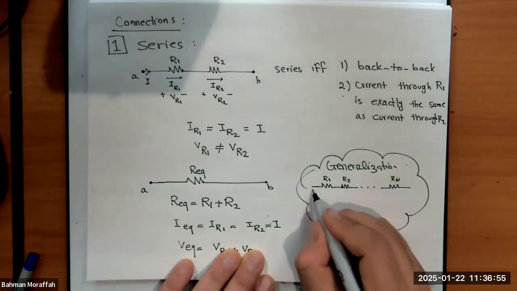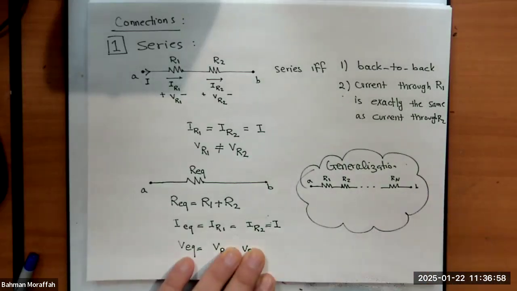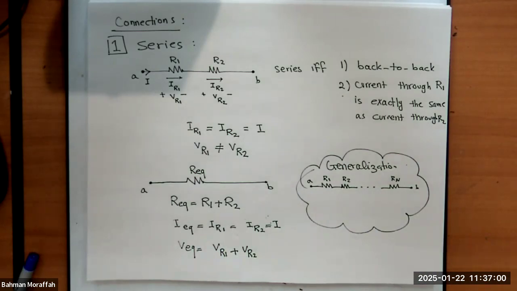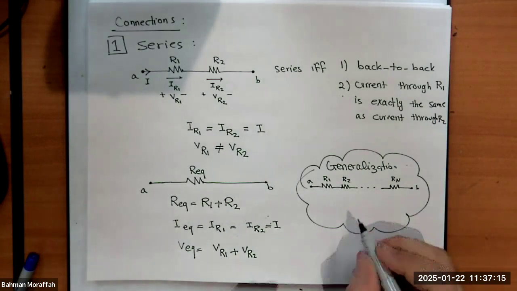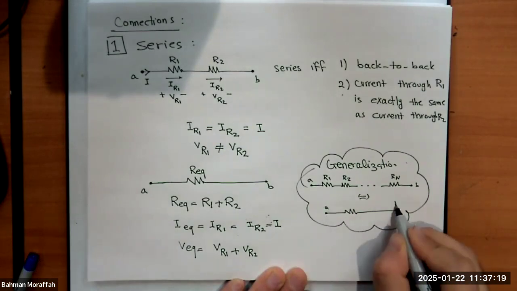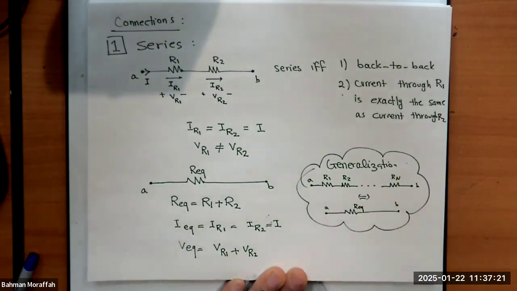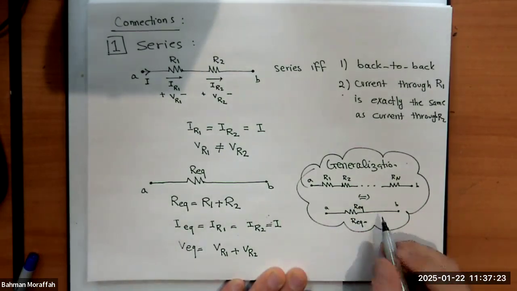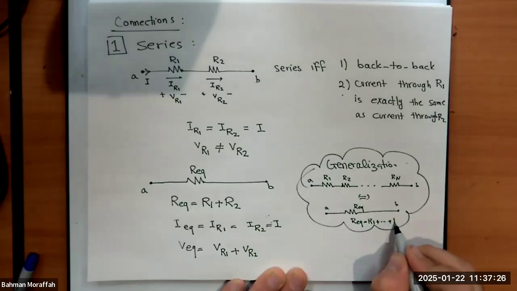This is point A, this is point B. I can replace the whole thing from point A to point B by one resistance, and we call that R equivalent. And we know that R equivalent is the summation of all these. Again, exactly like what we have over here. So we can replace this by a circuit from A to B. This is R equivalent, and R equivalent here is R1 all the way to Rn.